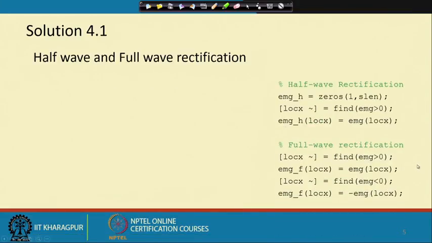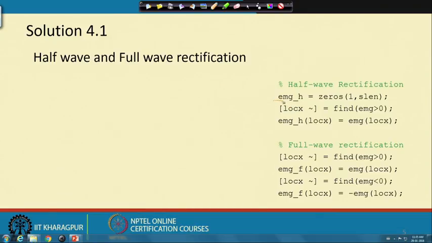So, first we do the high pass and the low pass filter. For the half wave rectification, first we do the rectification rather than filtering, for both half wave and full wave rectification. What we are doing?